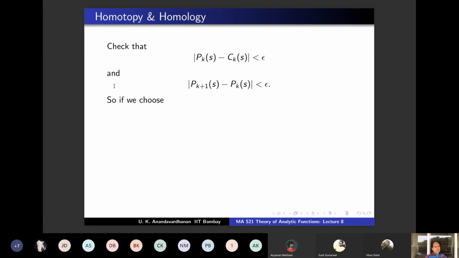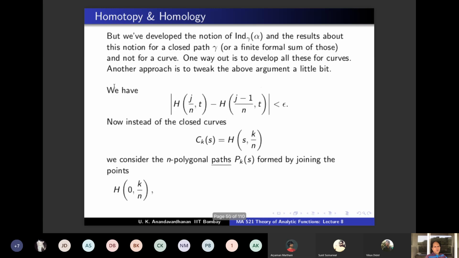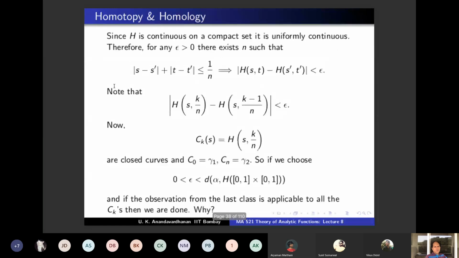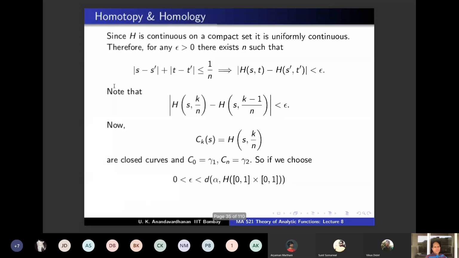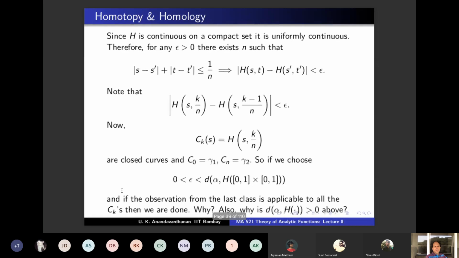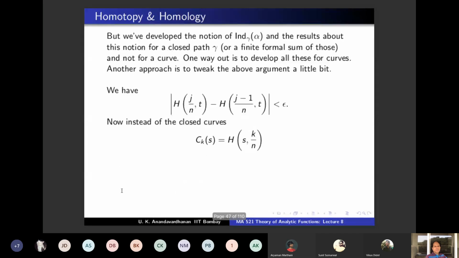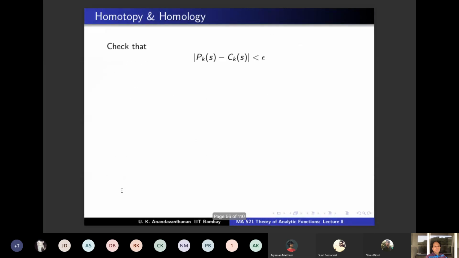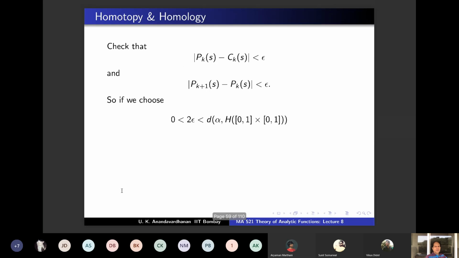So maybe the epsilon that we have chosen earlier may not work, because this only made sure that for C_k you have that thing. Now there's a further approximation between C_k and P_k that also we need to take care of. So instead of this, you take 2 epsilon.